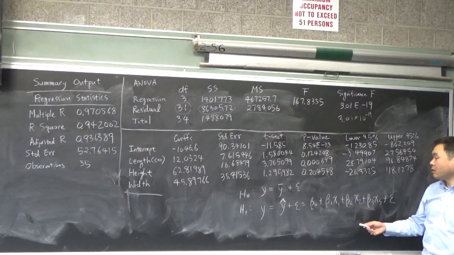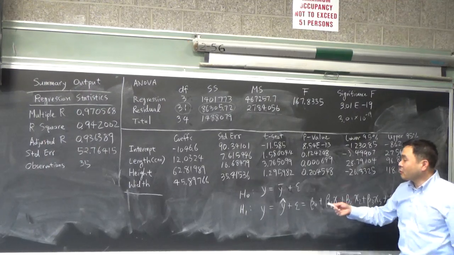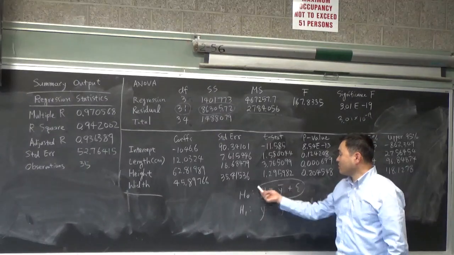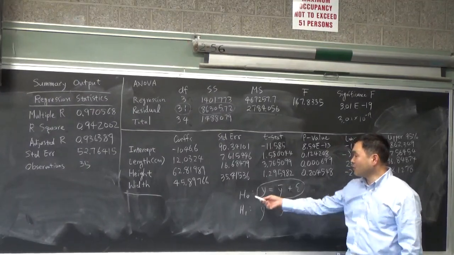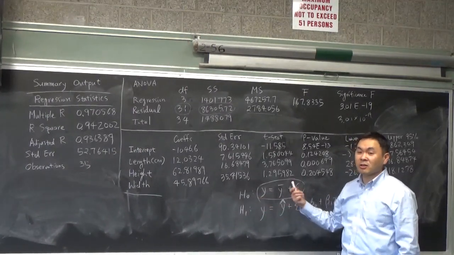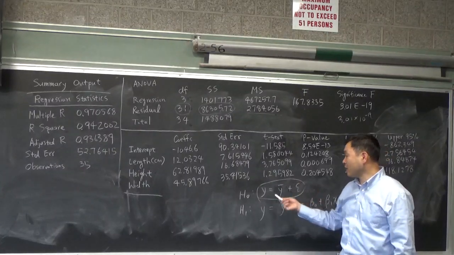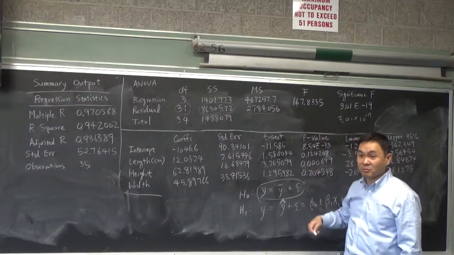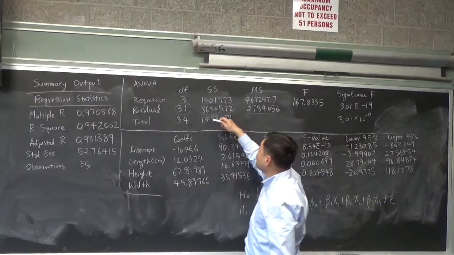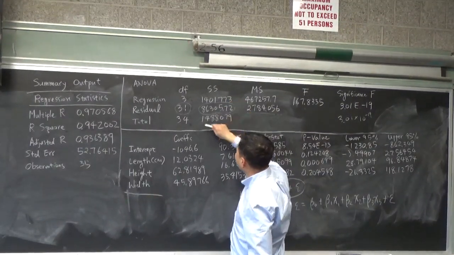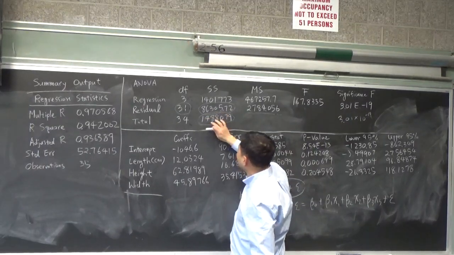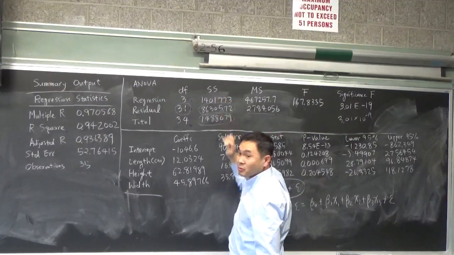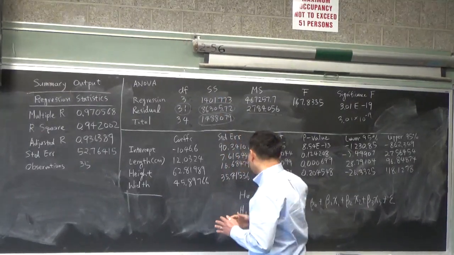The way you're thinking of it is like this. Every hypothesis test starts by assuming that the null is true, and you do the analysis and look at what proportion of the variance in y is explained by your regression. Now, let's think about this.